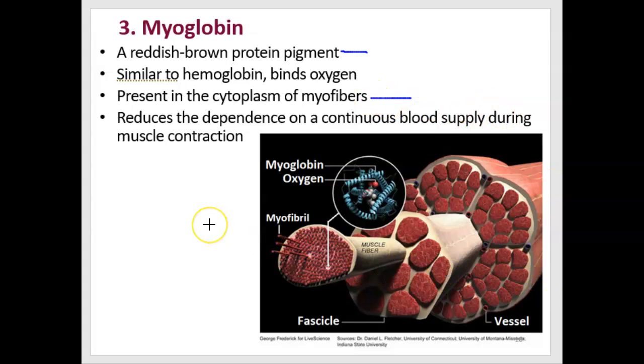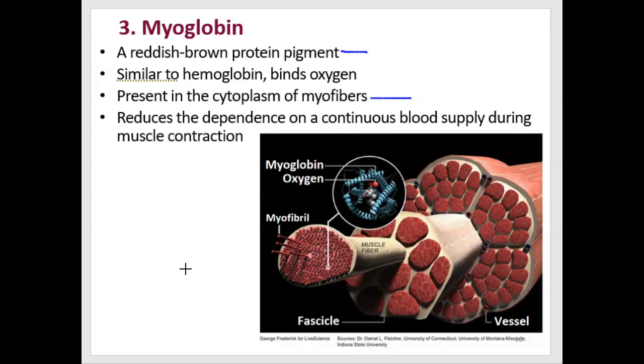our muscle cells. The reason it's important to skeletal muscle is that if the skeletal muscle can locally store oxygen, it's not as dependent on a continuous blood supply, oxygenated blood, during muscle contraction. Now, obviously, blood flow increases to muscles during a sympathetic response or anytime there's activity and the heart rate goes up and there's vasodilation.